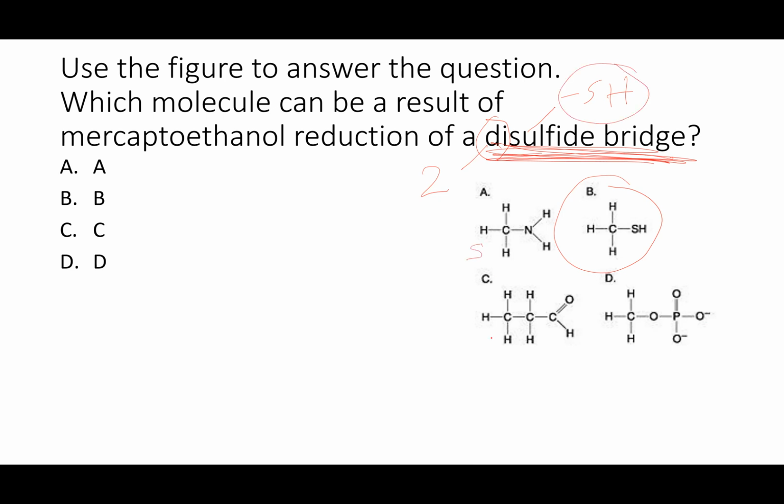This doesn't have any sulfur. This doesn't have any sulfur. This doesn't have any sulfur. This one has sulfur in it, so it's got to be that one. And that is the right answer. Mercaptoethanol is just a chemical that can break a disulfide bridge. So that would leave one sulfhydryl group. But again, you don't have to know that to be able to answer that question.